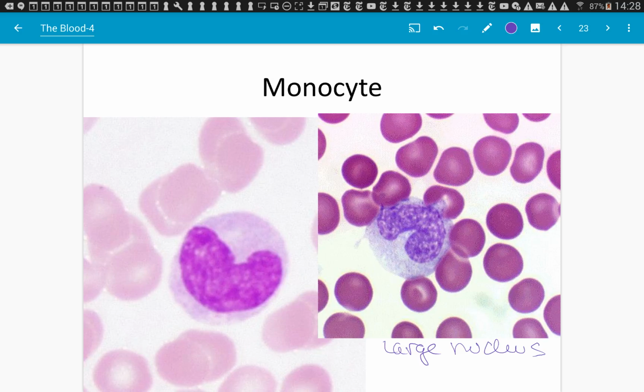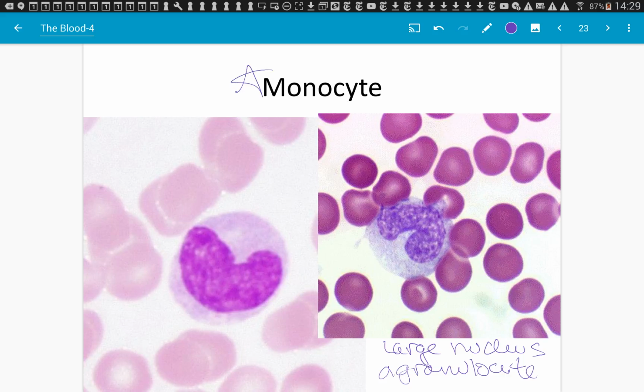Not really. So this is an agranulocyte. So those are the two main features that you're going to look for: a white blood cell with a large nucleus for the size of the cell, and that nucleus kind of has this curved or U shape to it. Okay? So this is definitely one that you would need to know.